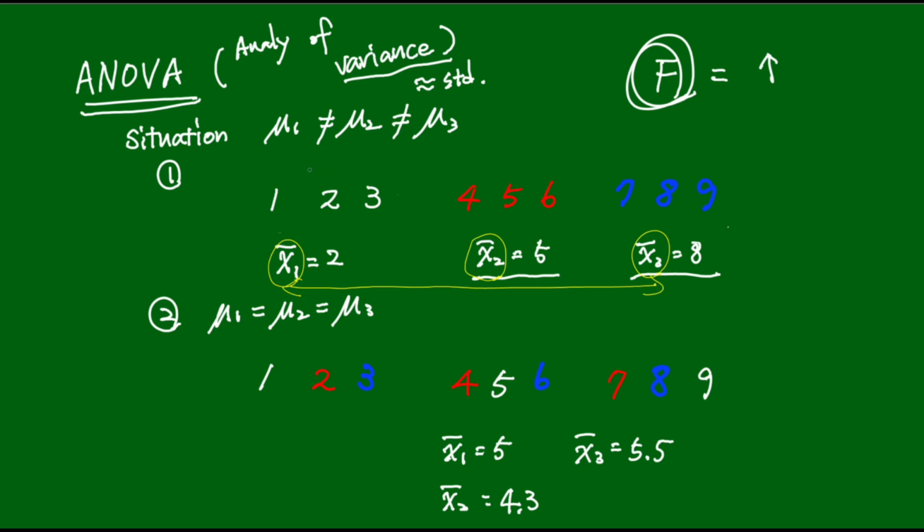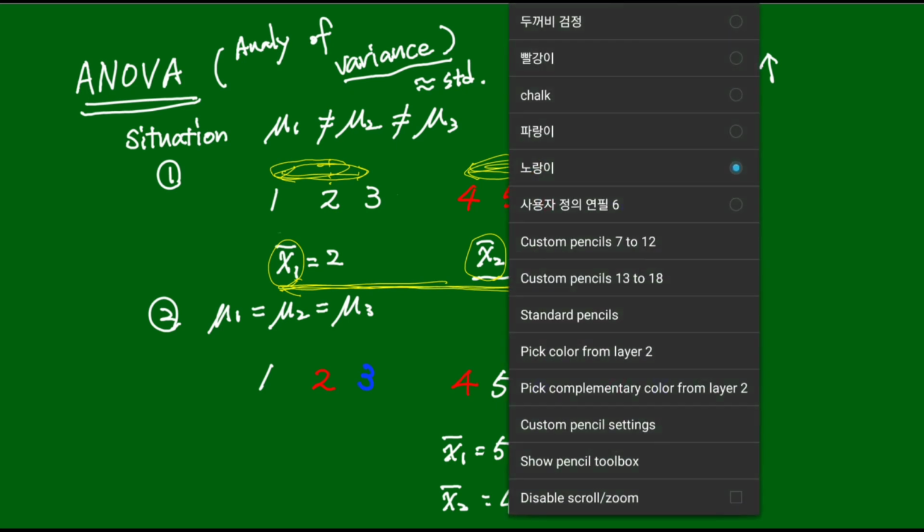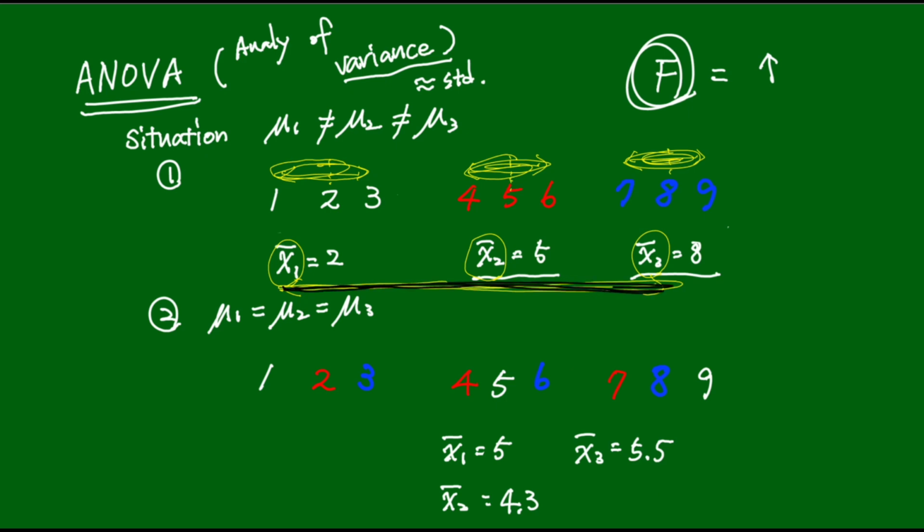So what I'm saying is each group spreads like this, right? Within the group, the data spread like this much. But when you look at the sample mean for each group, they are spread like this. I would use the black bar to represent the variance of the sample group means.